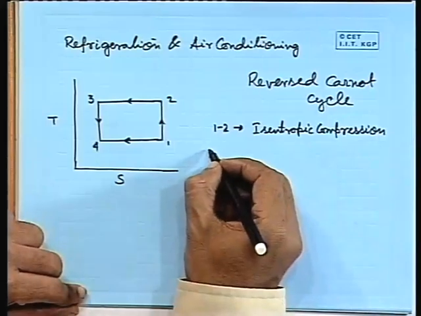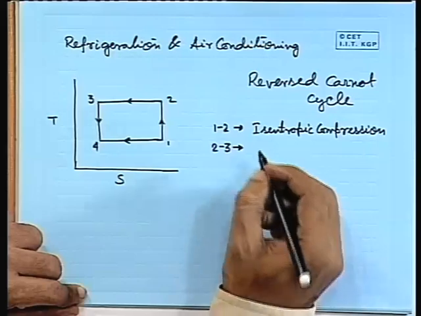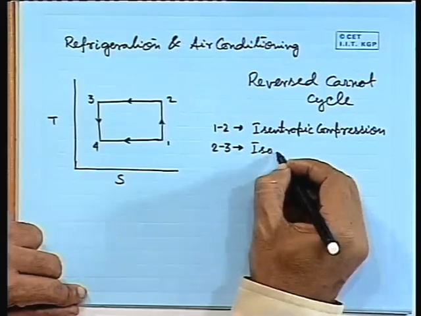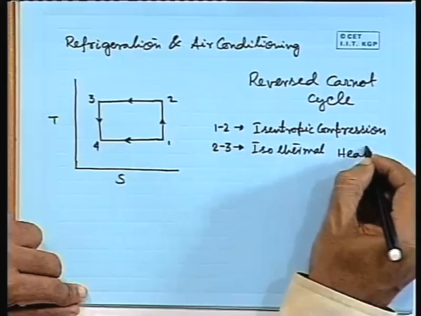Then 2 to 3, what we will have? Isothermal heat rejection.